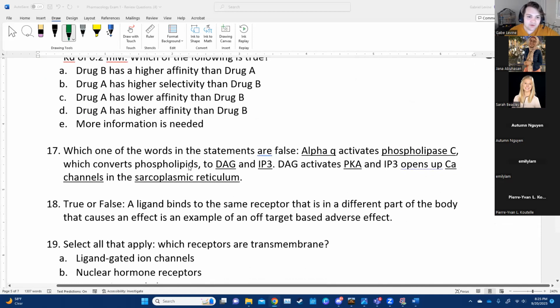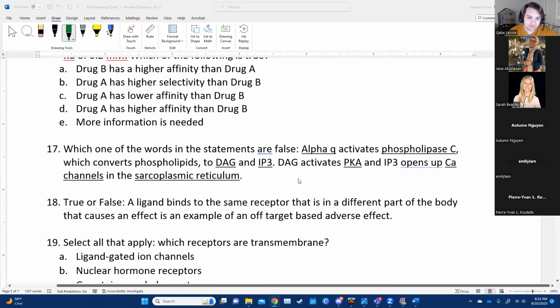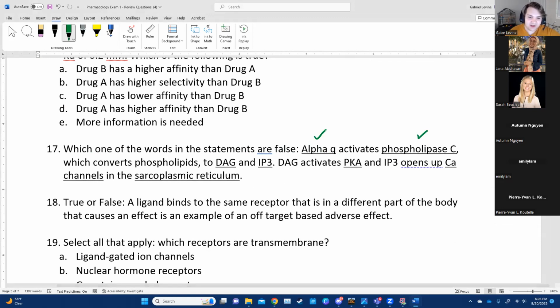All right. So I'm going to go to 17 real quick, and then we'll go back to 16, just because it's on the same concept. Which one of the words in the statements are false? Alpha q activates phospholipase C. Is that true? Yes, it does. Which converts phospholipids to DAG and IP3? Yes, that is also true. DAG activates PKA.